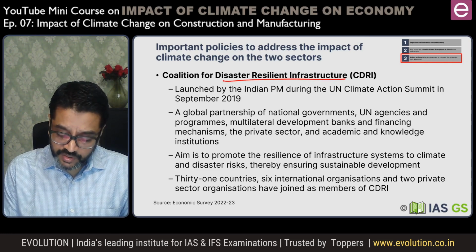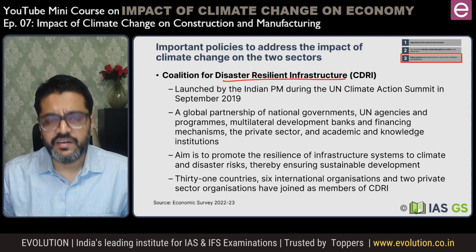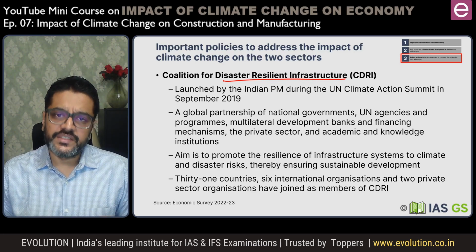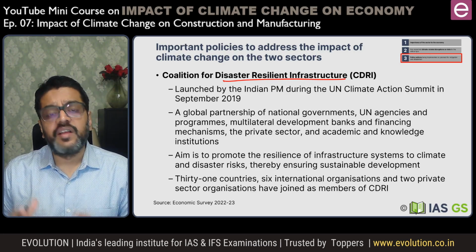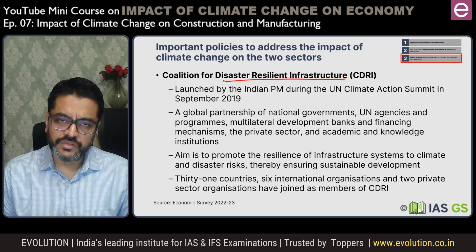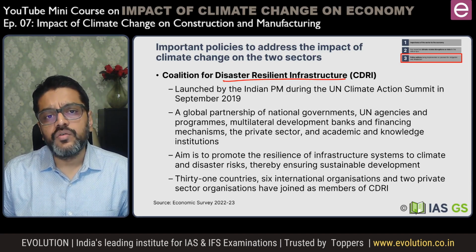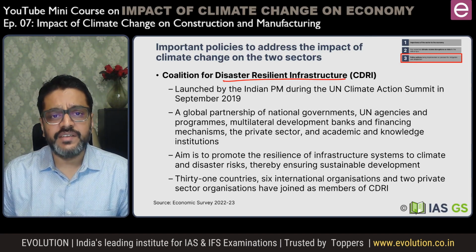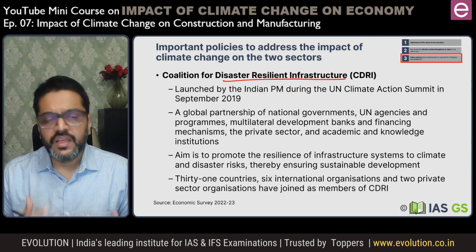So the first one is the Coalition for Disaster Resilient Infrastructure. Now we have already discussed that with increasing climate change, existing construction will come under increasing threat. We have also discussed that the construction sector is a big source of emissions, which eventually leads to climate change. So what we want to do is make infrastructure or have construction that is resilient to more extreme events, right?